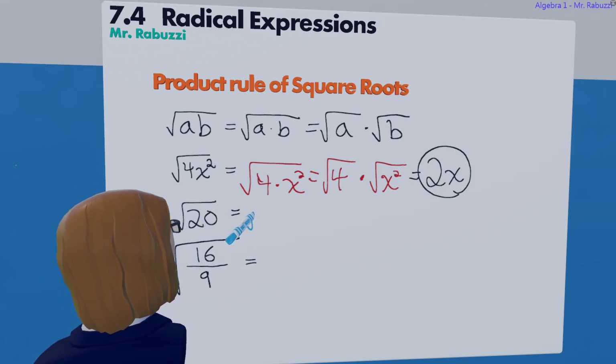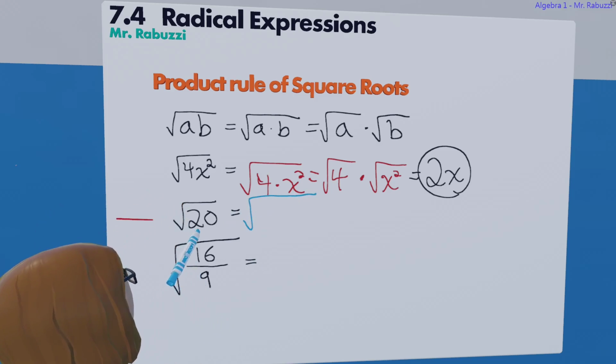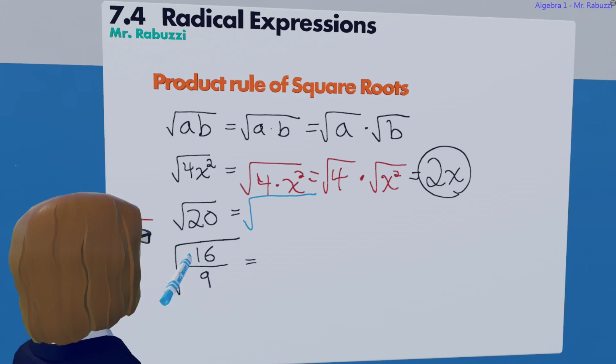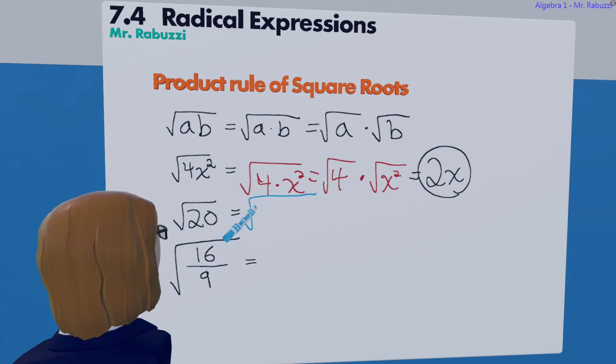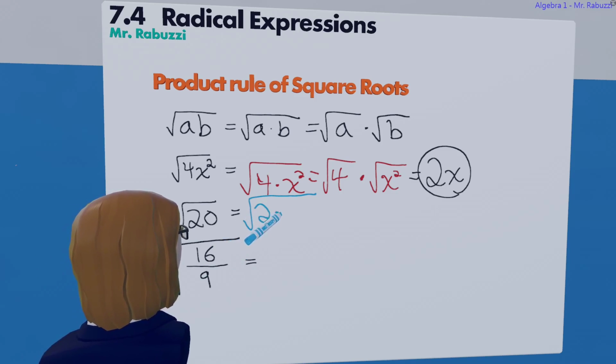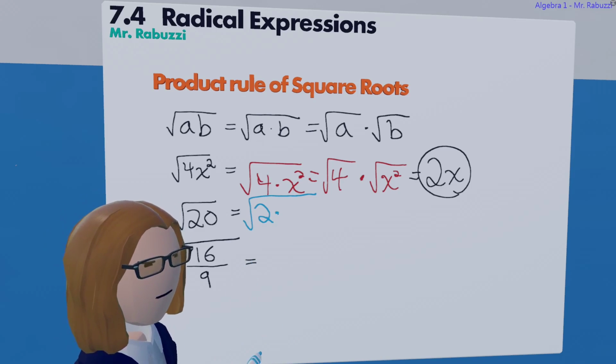So what I'm going to say is, here's my big radical, my big radicand. What can I break 20 into? Like, what are the factors of 20? Well, I know it's 2 times 10, right? But what can I break the 10 into? 10 is 2 times 5.